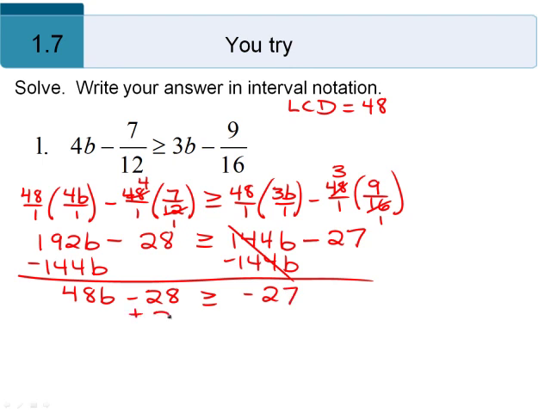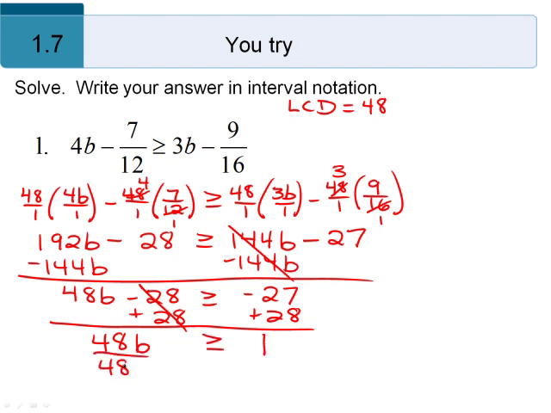Now I'm going to add 28 to both sides. That's easy. I can do that in my head. So 48b is greater than or equal to 1. Divide by 48 on both sides. So b is greater than or equal to 1 over 48.